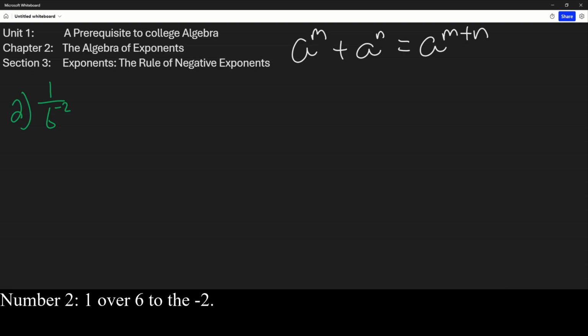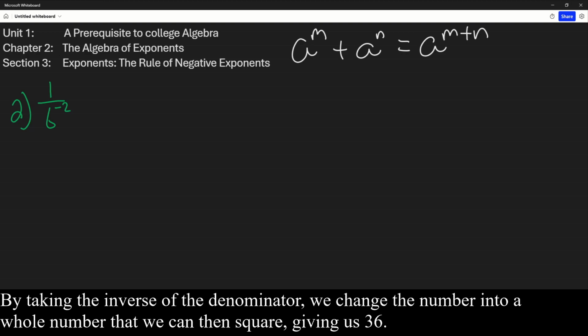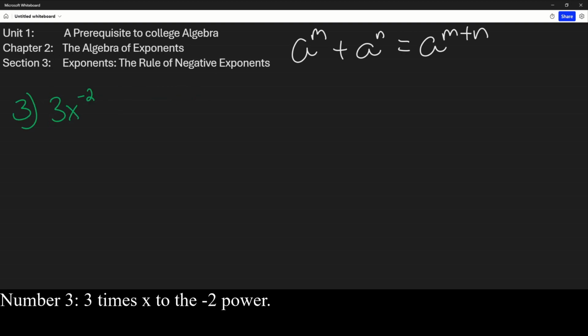Number 2, 1 over 6 to the negative 2. Here we have a rational number with a negative exponent. By taking the inverse of the denominator, we change the number into a whole number that we can then square, giving us 36.